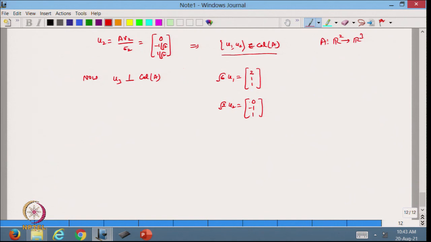Just to make life simpler, and this belongs to the column space of A, and this also belongs to the column space of A.